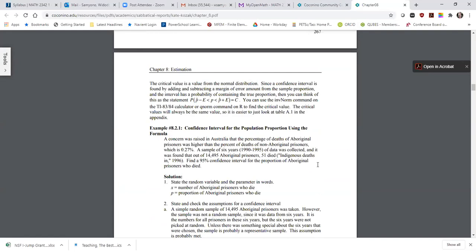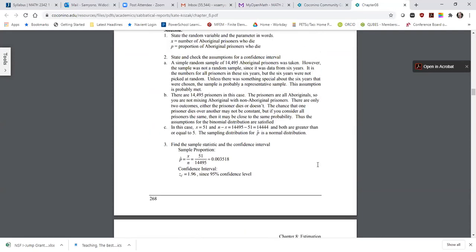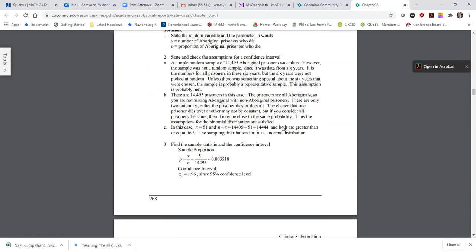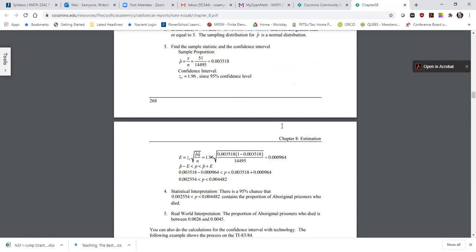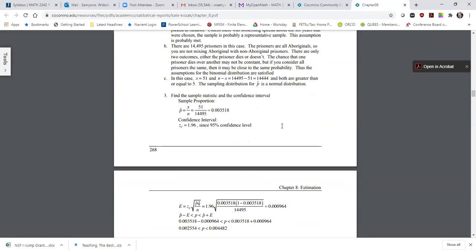And this is the example. Yeah, the 95% is called the confidence level. Okay. Yeah, how to find the z?